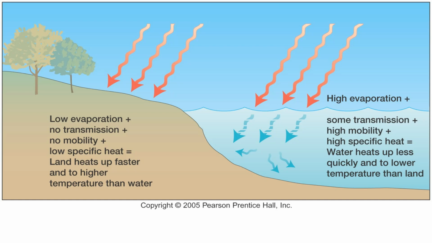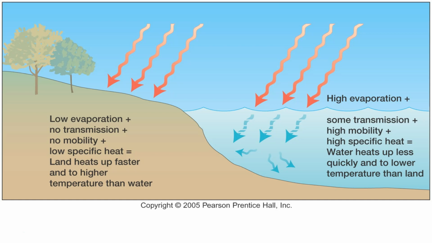Whenever you start comparing continental locations to coastal locations, you have to look at the differential heating of land and water. You're going to notice that water has a higher specific heat, so it takes more energy, so it's going to stay cooler than somewhere located in the center of a continent.